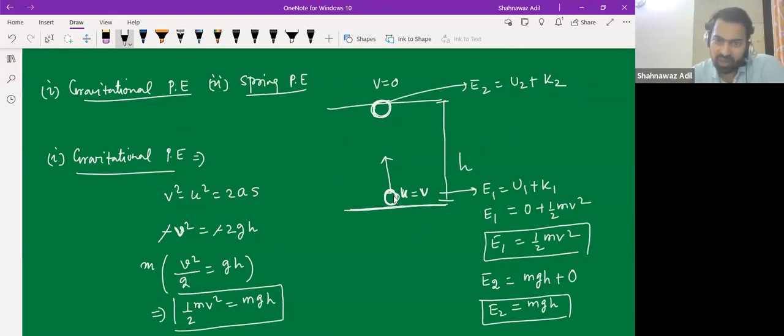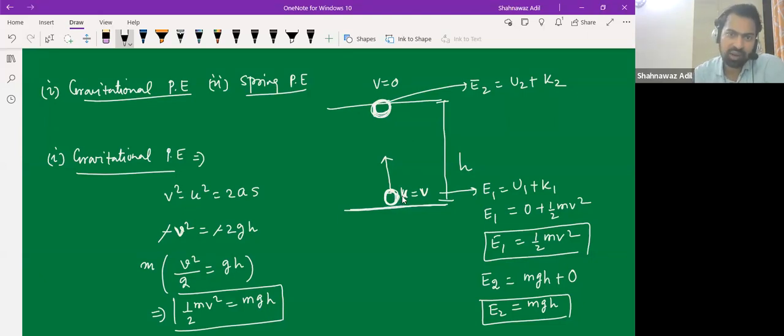So whatever the kinetic energy was at this point, this kinetic energy was stored in the form of potential energy at this point, right? Understood? Yes, sir. So this kinetic energy changed to potential energy at this point, and if it starts to drop down, then this potential energy will again be changed into kinetic energy, right?